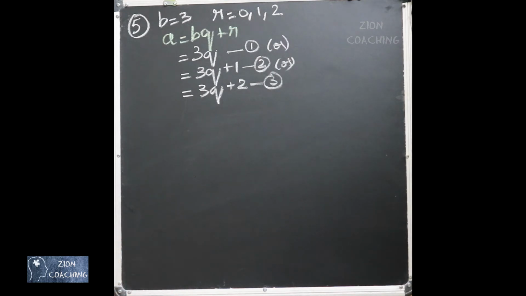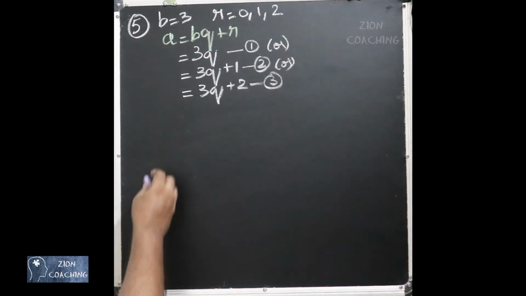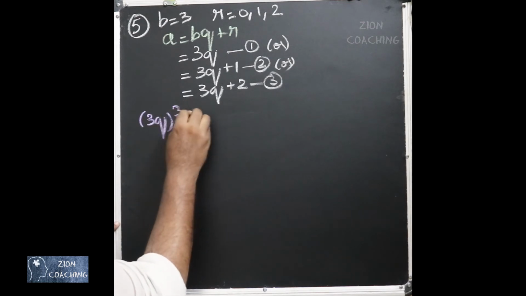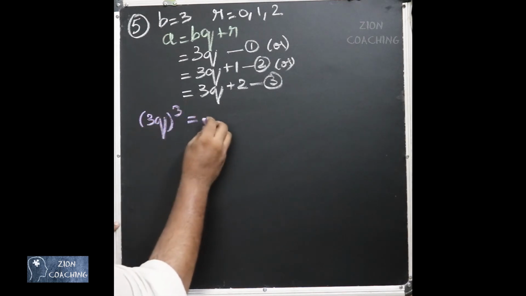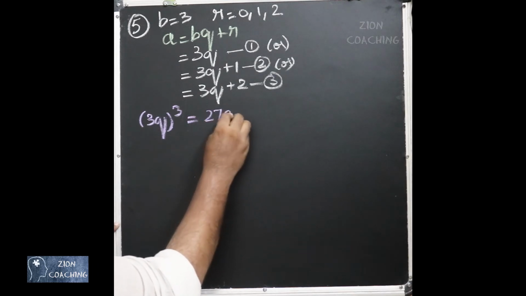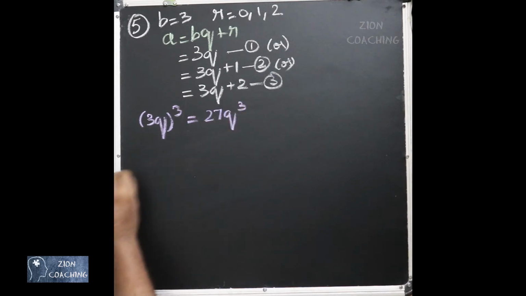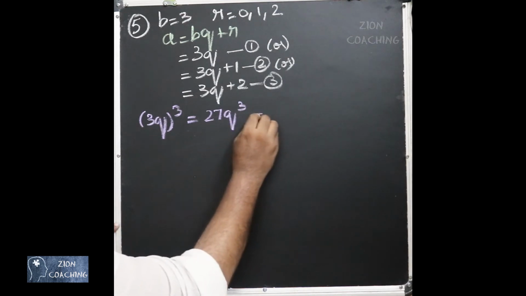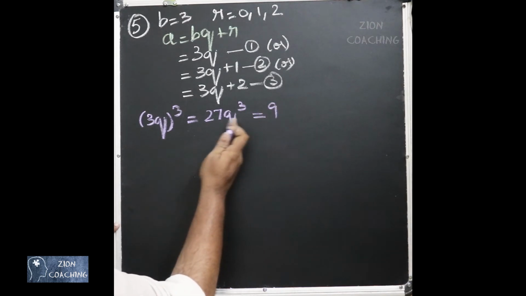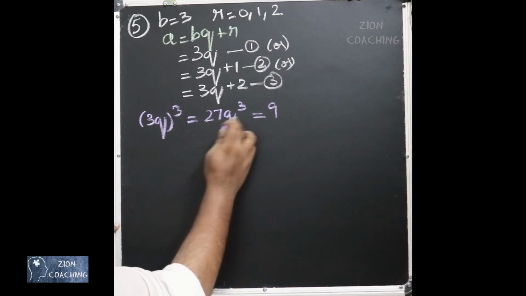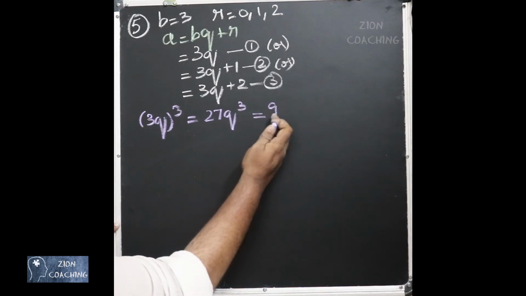So we are going to cube all these numbers one by one. When you cube the first number, 3q cube is going to be 3 cube, 3 into 3 is 9, 9 into 3 is 27. So we are going to have 27q cube. This can be written as 9 into 3, so I am bringing 9 outside.